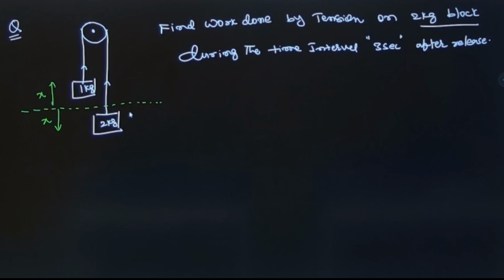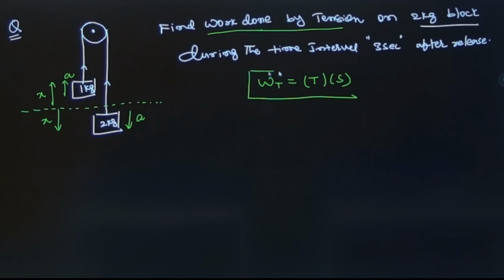With the same acceleration it is moving downwards, it moves upward. Next, we want the work done by tensional force. Work done means force, tension, into displacement. I should know the displacement. What is the displacement? It's X.